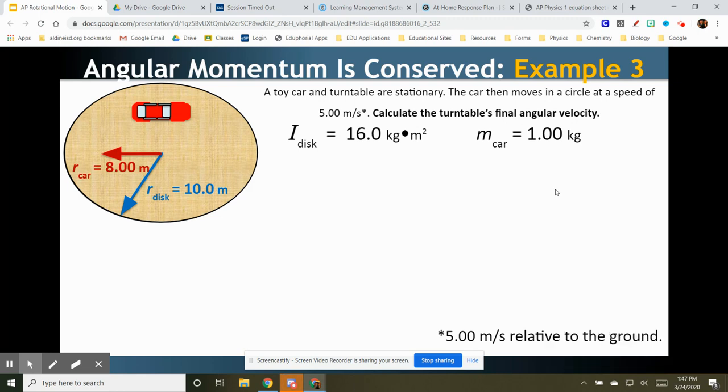Thank you, Gabriel. I was just going to ask where we should start. So Gabriel's thrown out there that the angular momentum initially is 0. So let's go ahead and set that idea up.